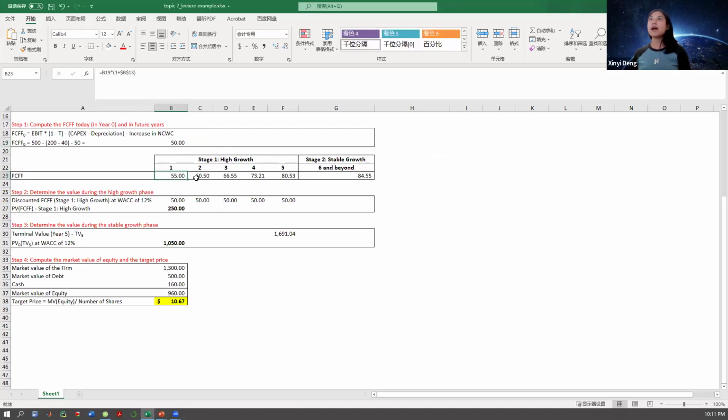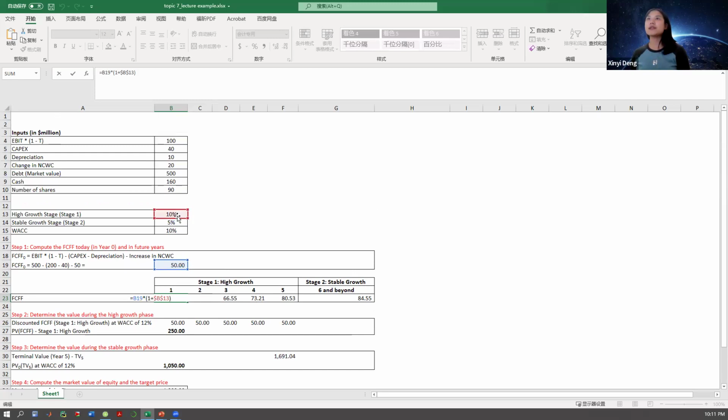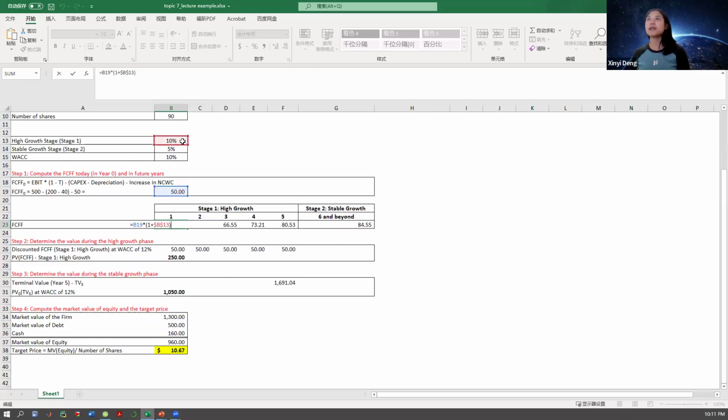We have already formed the forecast for those cash flows, right? To form those forecasts for year 1, we use FCFF0 times 1 plus cell B13. So this is high growth rate of 10%. And for year 2, we just use the FCFF1 times 1 plus B13.